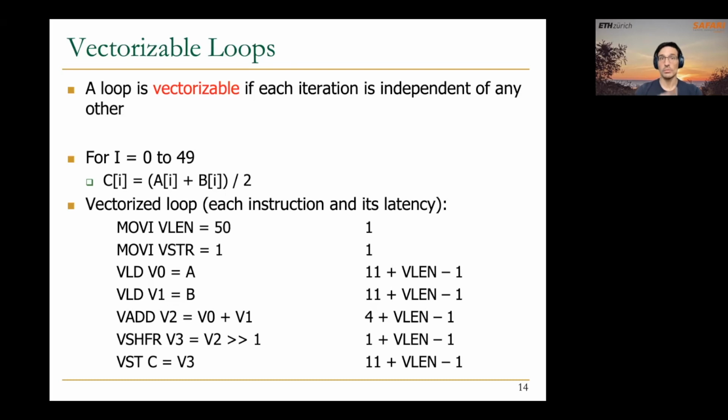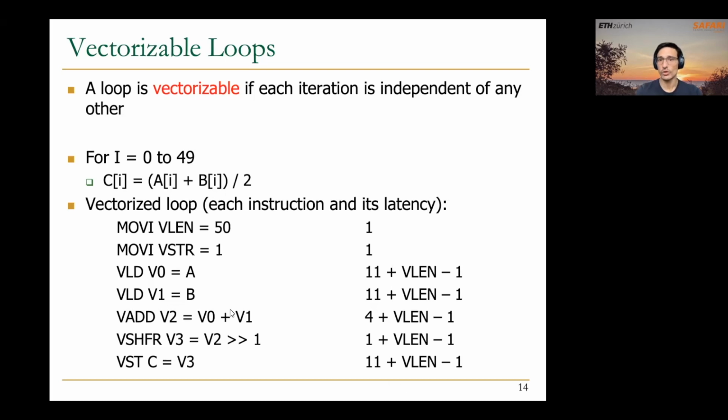But observe that because we are going to use a banked memory, we are going to be able to issue a new load to a different bank every cycle. And what that means is that after 11 cycles, we have retrieved element A0. One cycle later, we have retrieved element A1, and one cycle later, element A2, and so on.